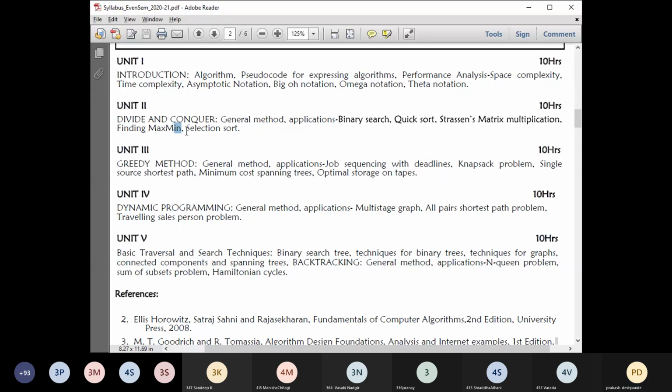And the last one is again a type of sort, the selection sort. Again for this selection sort we make use of divide and conquer. Any doubts, students? Any doubts related to the general method which we just studied?